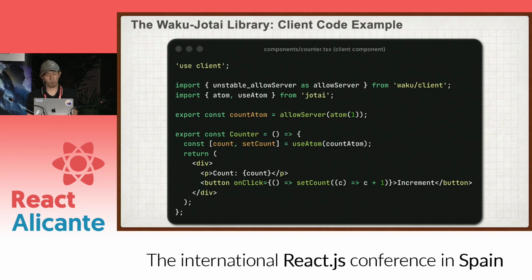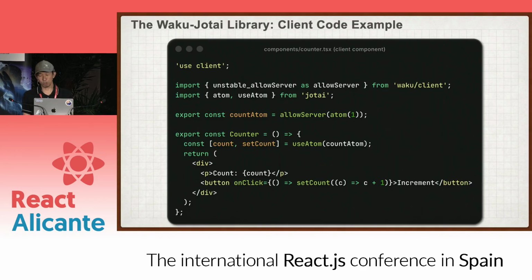It's exported from Waku client. It's still unstable, but what it does is expose the atom's initial value to the server. Other than that, it's regular Jotai client code. The counter component and useAtom hook should look familiar if you have some experience with Jotai.